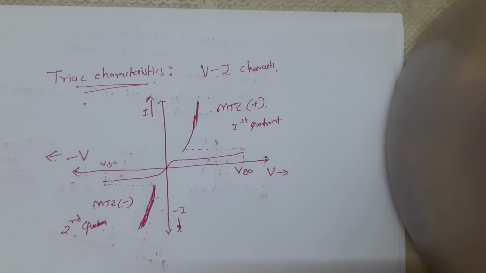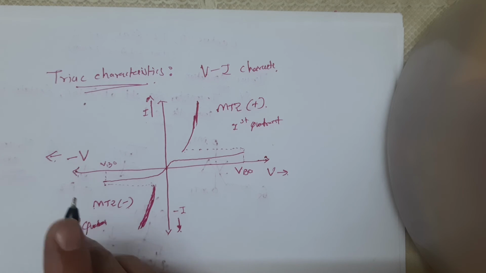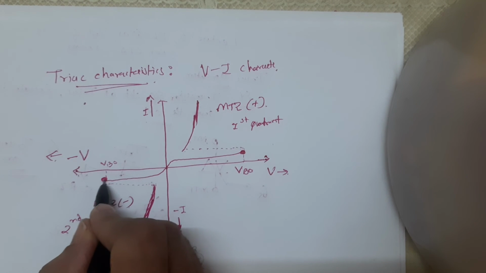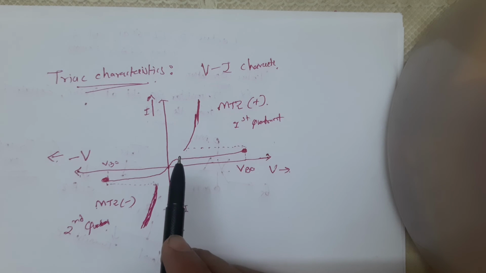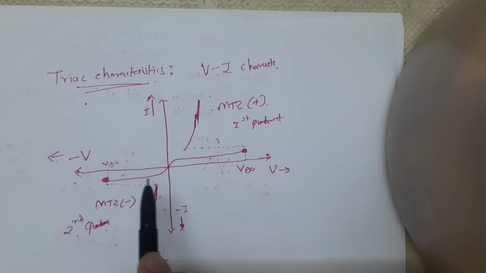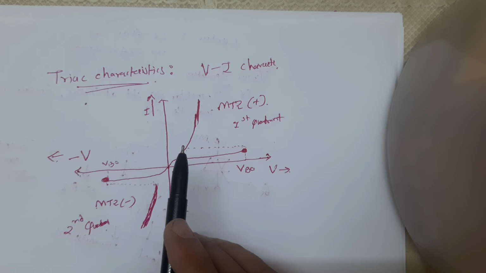The third point is that the supply voltage at which the triac is turned on depends upon the gate current. This is your on position, right? And it depends upon the gate of the triac. Whatever the applied gate voltage, it turns on fast. The greater the gate current, the smaller the supply voltage at which the triac is turned on.